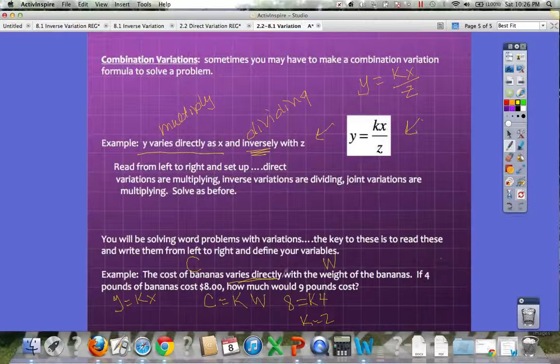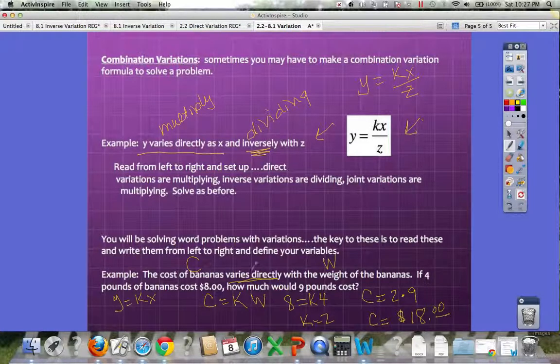Then it says, how much would 9 pounds cost? All right, so I don't know what the cost is going to be, but I do know K, and I do know now I have 9 pounds. So the cost would be $18. A lot of bananas. And I'm not even sure the cost of bananas, but I just wanted to set that up so you can see what it would look like.